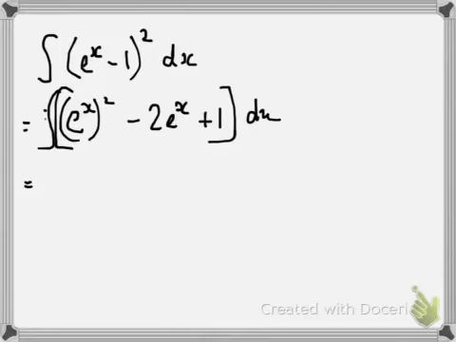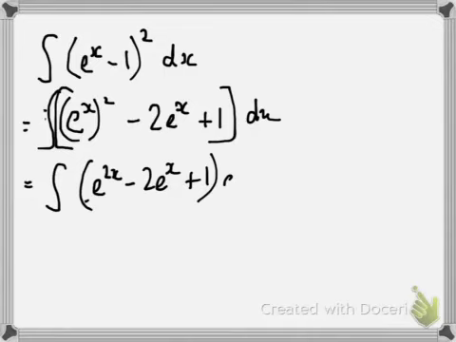Okay, and then it's the integral of e to the power of 2x minus 2e to the power of x plus 1 dx. So we integrate each part separately.